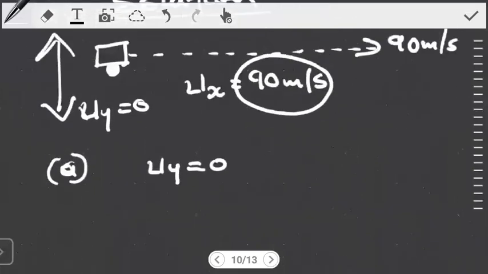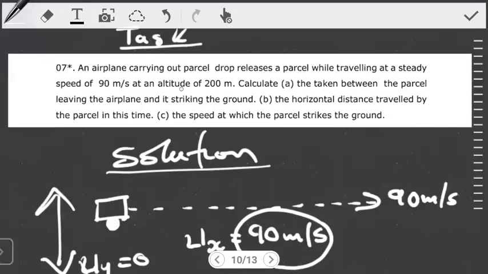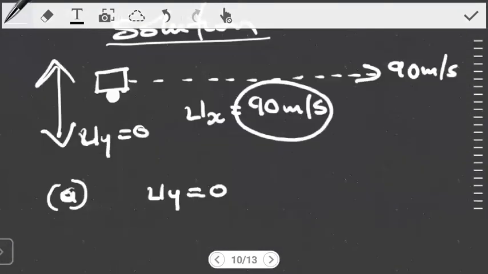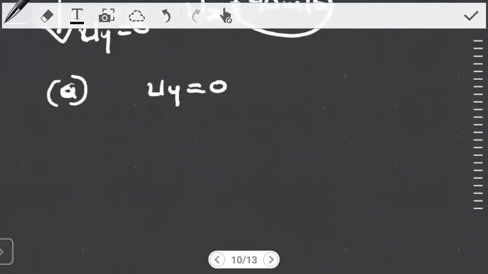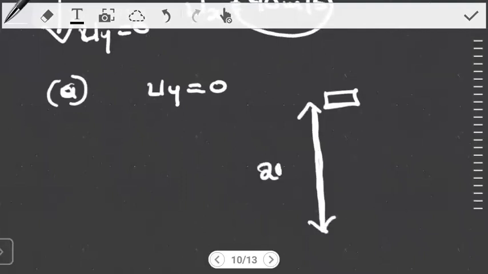But the question tells us a few things here. It says that this plane was flying at a steady speed of 90 meters per second at an altitude of 200 meters. What that is telling us is that the height from the ground to where this plane is, is 200 meters.